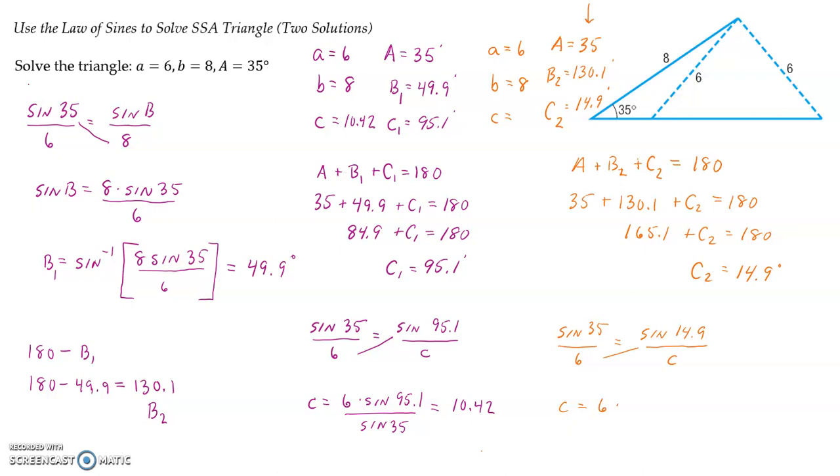We've got 6 times sine of 14.9 over sine of 35. And we'll do the same thing. Let's take this out to 2 decimal places. And this is going to give us a side length of 2.69. So now we have all the pieces to both of our triangles.